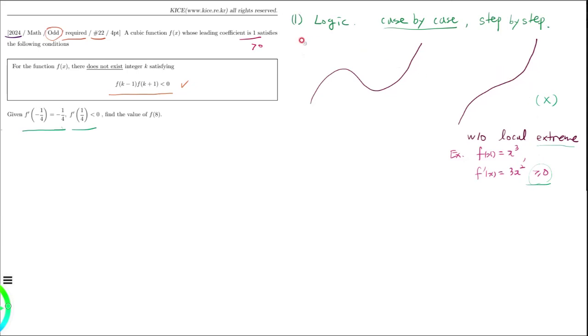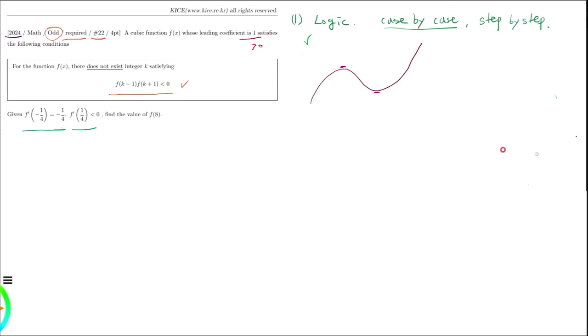Okay, so we just choose this first case. There are a local maximum and minimum. Let me erase this part. Okay, I'm going to focus on the first case here.